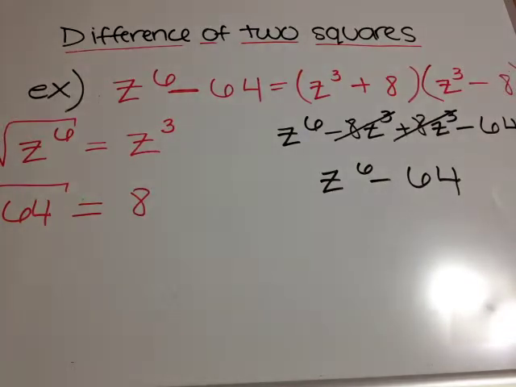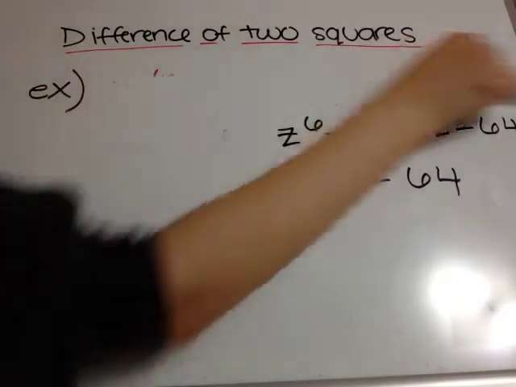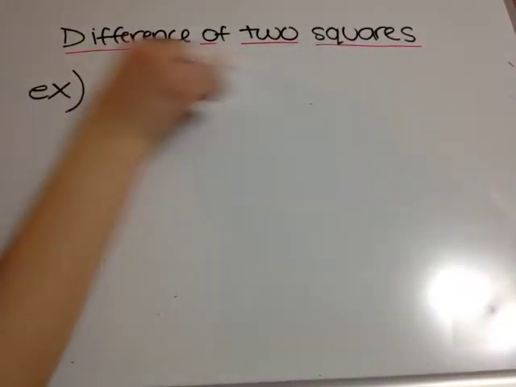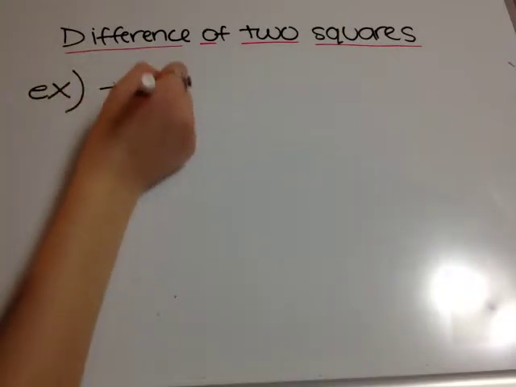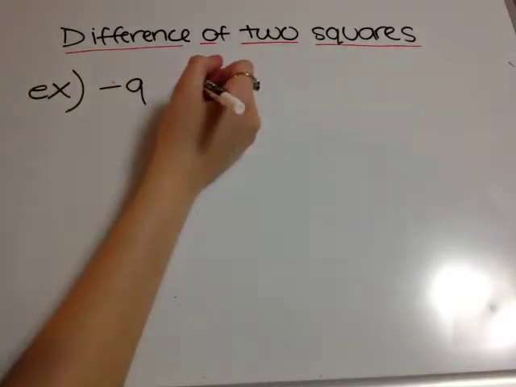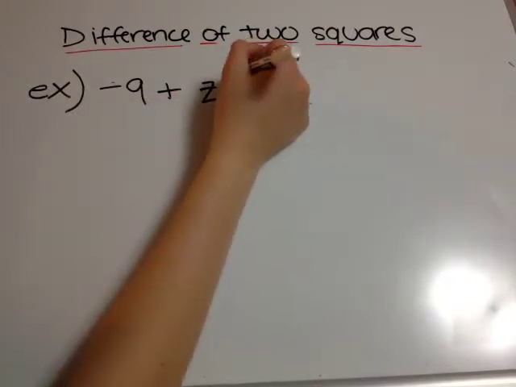Okay, let's do one last slightly harder one, just to make sure we get enough practice with all of these. Let's do negative 9 plus z to the 4th.